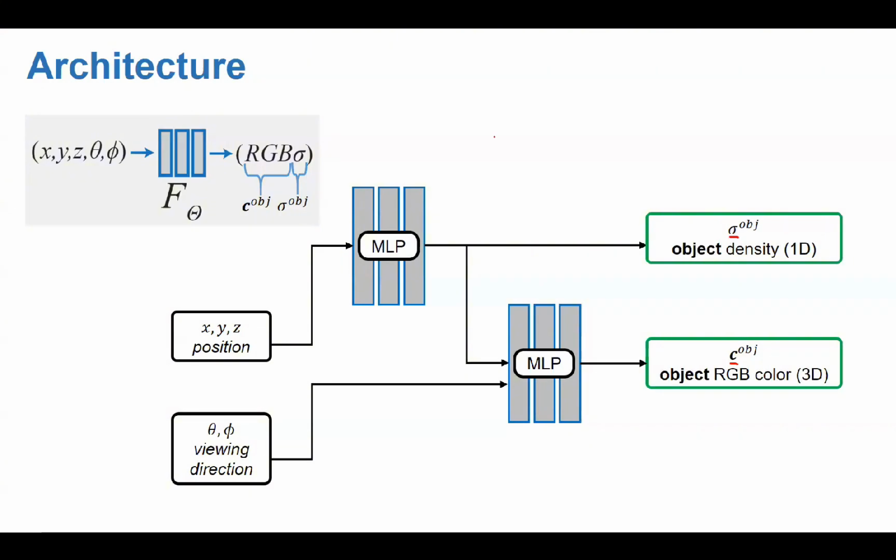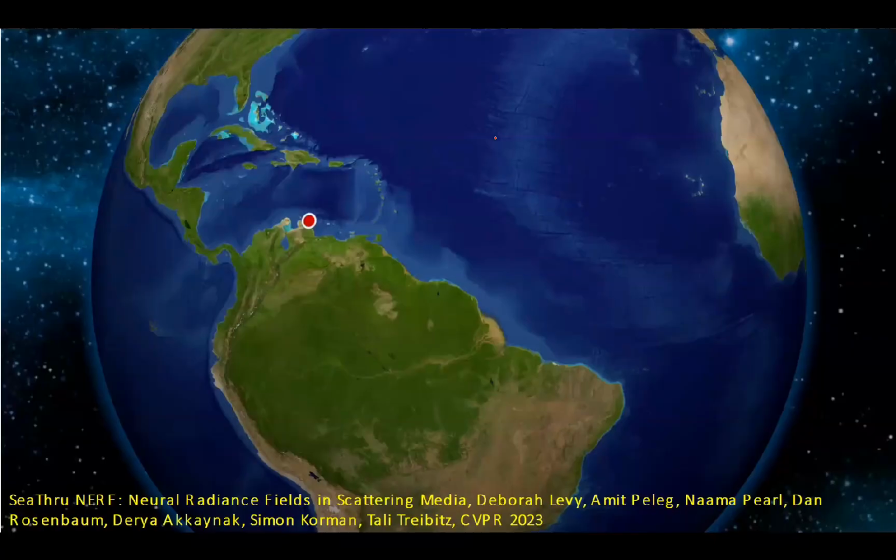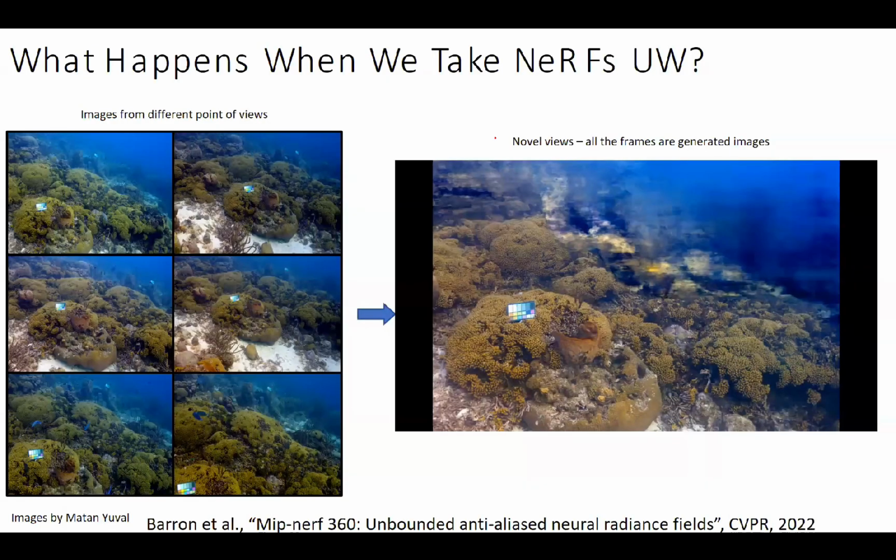All right, skip to what happens underwater. Does this thing work? Of course, out of the box, it doesn't work at all. Here's an example. You see a set of images, and the problems arise. As you can see, even the same object that we look at in different images might look different.